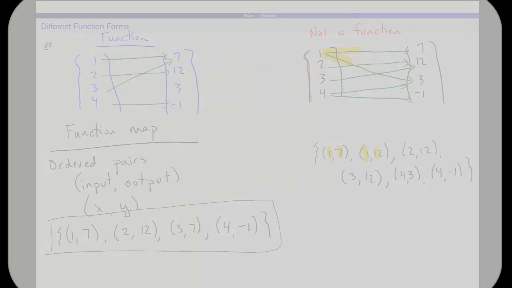Okay, so the last thing that I want to talk about is notation for functions. It's really a shorthand, and you are probably familiar with it. It looks something like this. f(x) = x + 3.